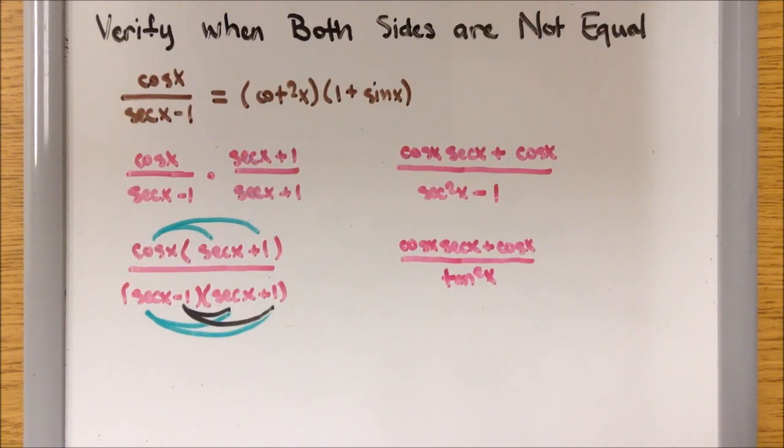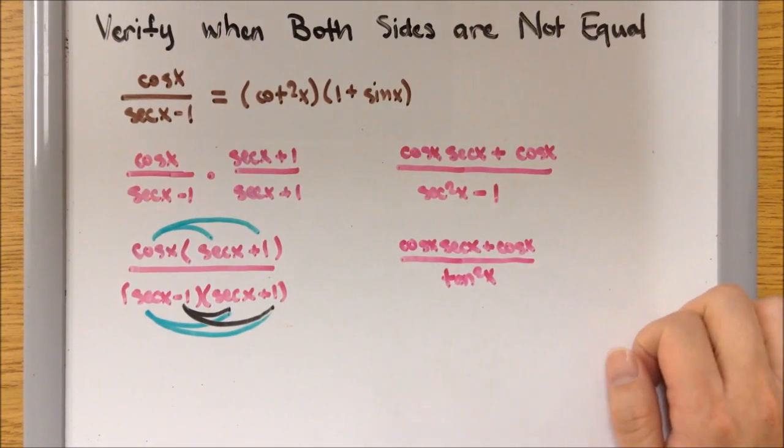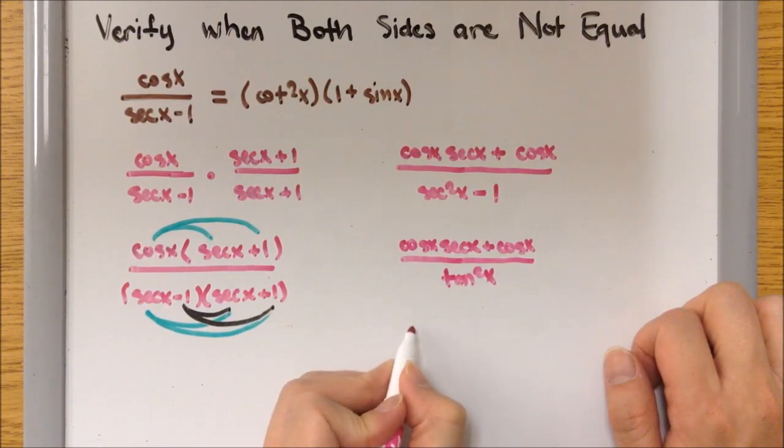So the next step to make our work easier is to convert everything into sine and cosine. So I'm going to leave the cosine the same.